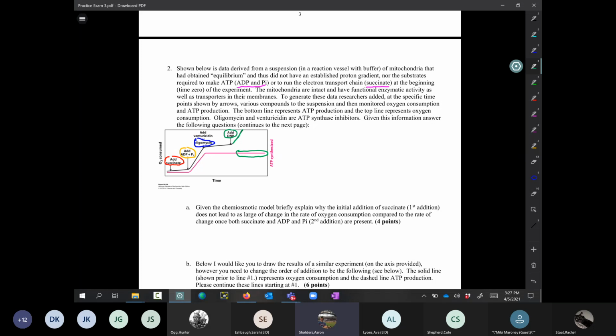Now, let me be a little bit more technical here. The reason you have to have ATP synthase running is because it maintains the proton gradient in a narrow concentration, if you will, or gradient.